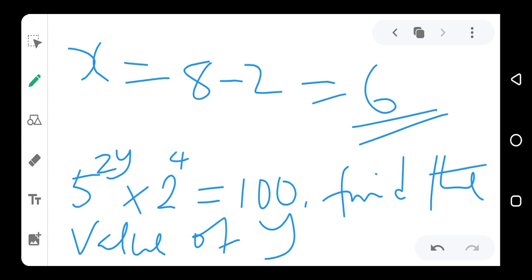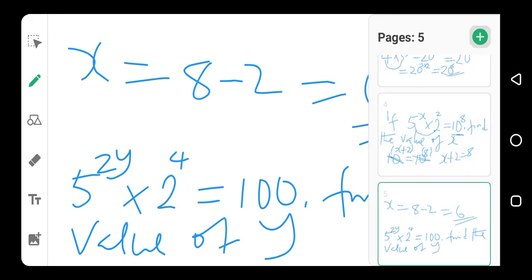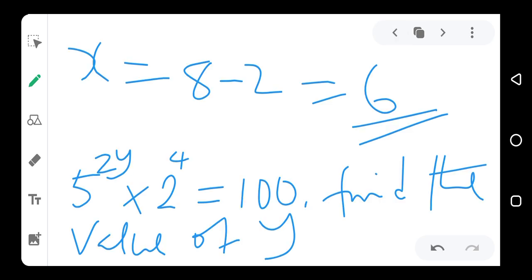Find the value of y. How are we going to do this one? The same way we did the other one. We multiply 5 by 2 and add the powers.